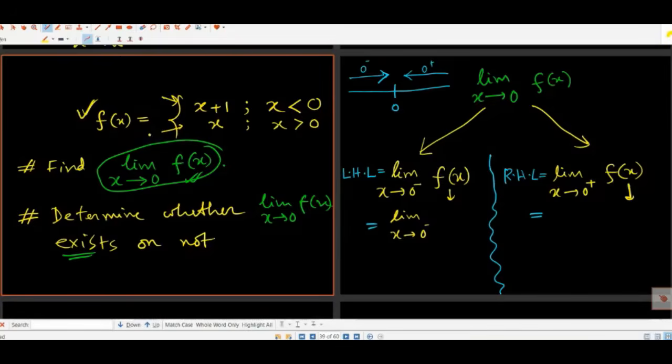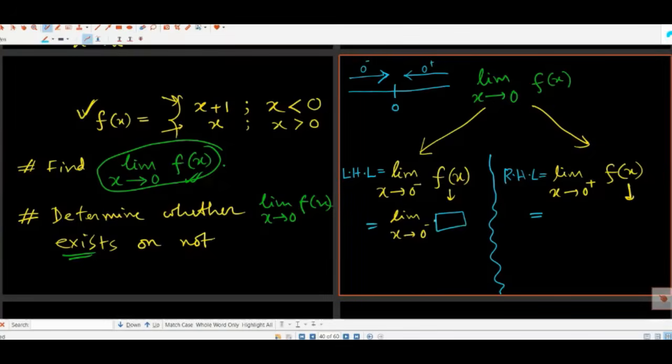We have a total of 2 pieces, right? So we need to understand which function can be placed here and which function can be placed here. That means we need to locate the suitable function for 0 minus and 0 plus. Do you get my point? Please try to respond.